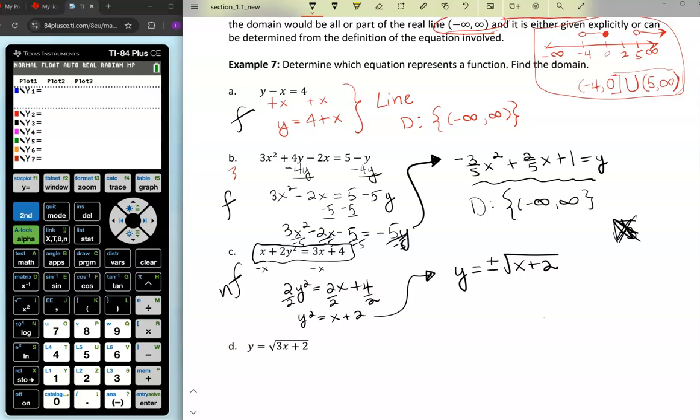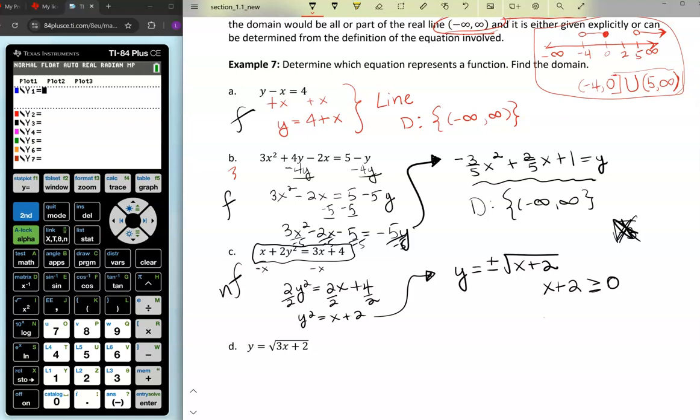So if you wanted to find the domain, or in other words, all of the x values you can plug in underneath the square root, then I need to take this equation and find everything that will keep this x plus 2 positive, or non-negative actually.